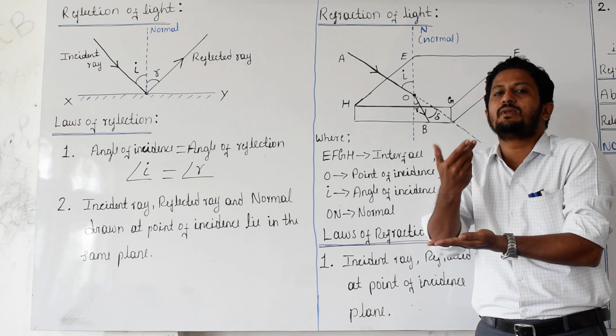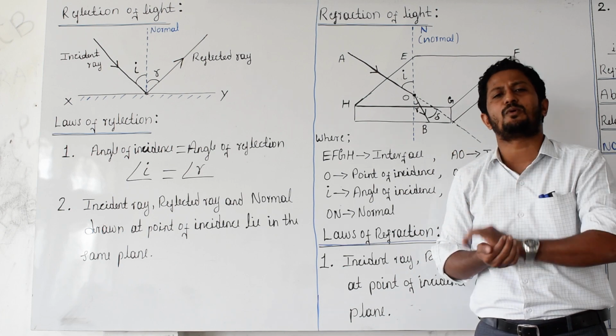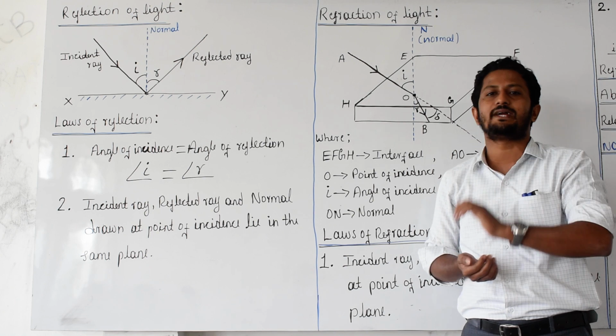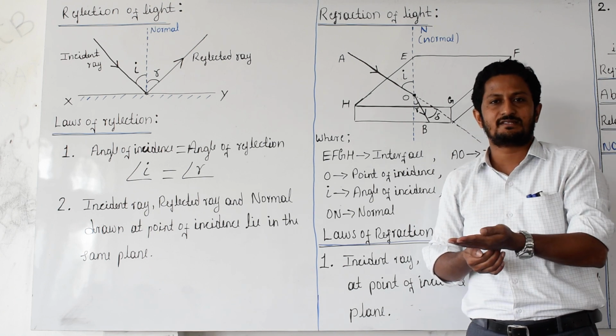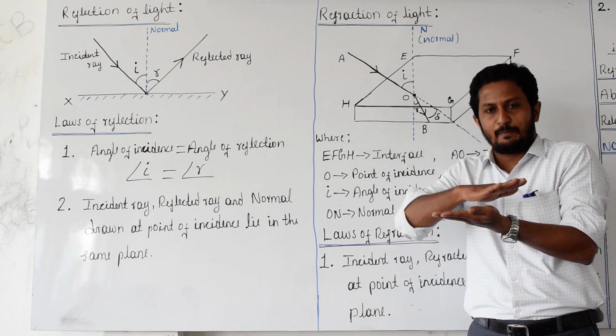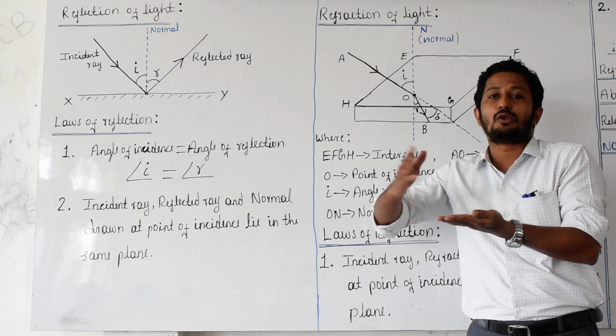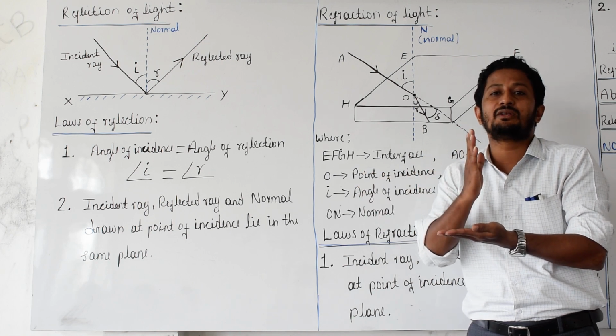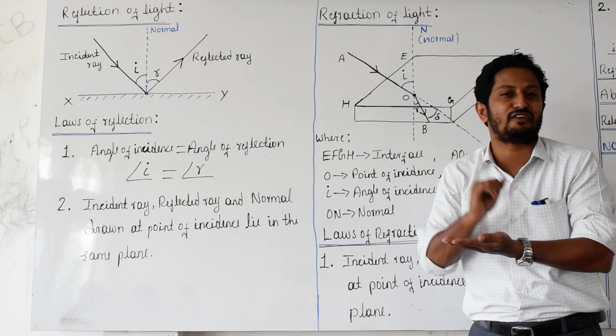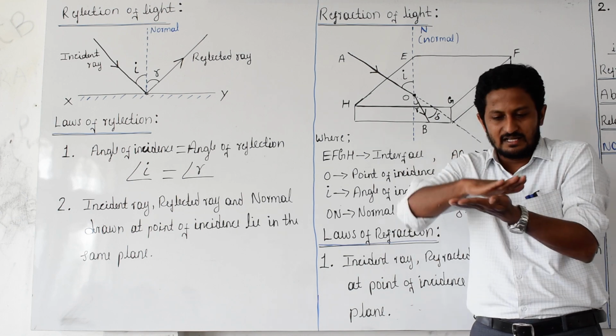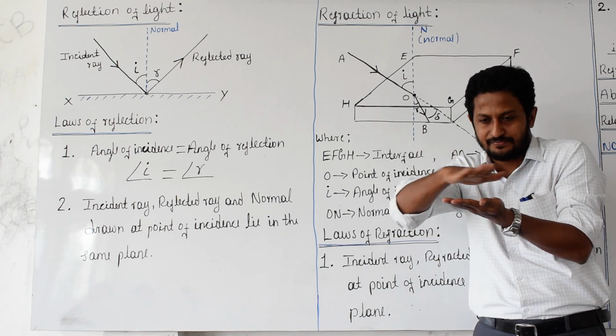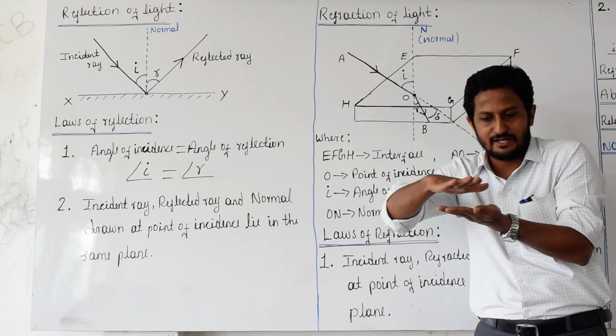So now, oblique incidence, it's very important. You should know what oblique means. Oblique means neither parallel nor perpendicular to the specified surface. This is our glass sheet, horizontally held.